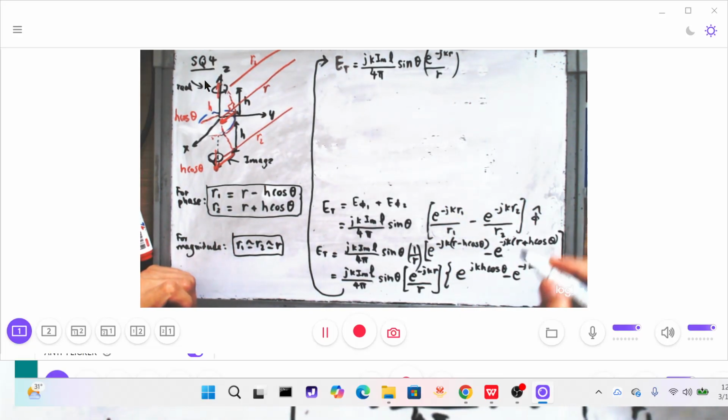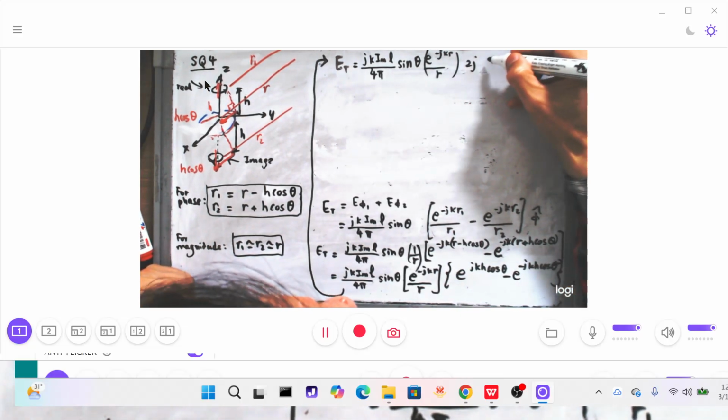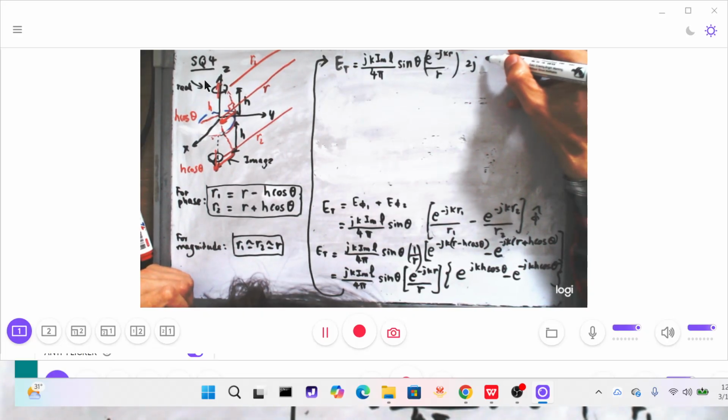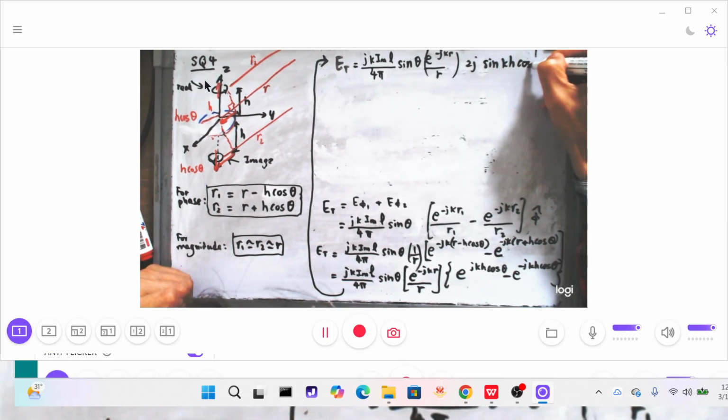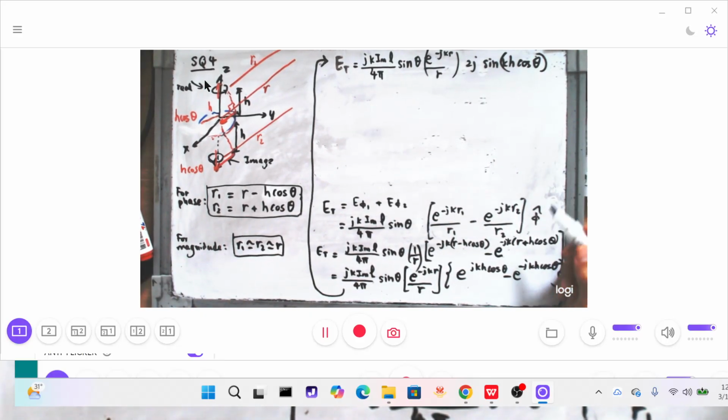here is 2j sine of kh cosine theta. So I hope this is clear enough. Now it's quite clear. I think at the time when I converted I might have missed the minus sign, I believe.